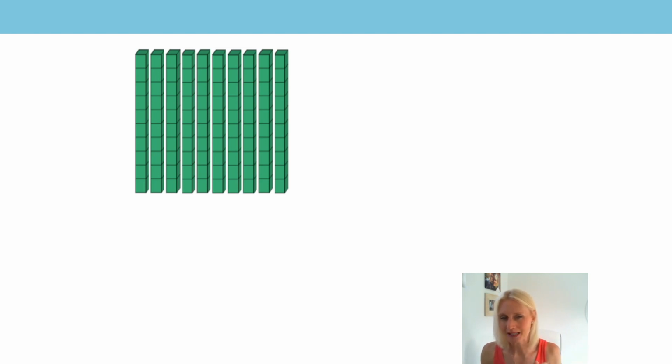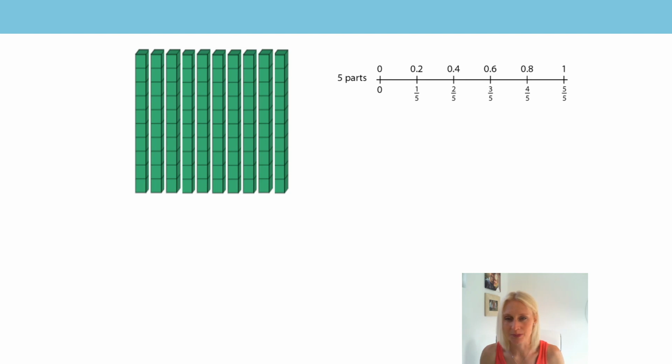Jot down on your piece of paper what that is going to look like as a fraction, and also what it looks like as a decimal. And your challenge here is to write 2 fractions for me. So pause me now and jot those down. Okay, hopefully you've come back and you've got something on your piece of paper, and I hope by looking at this number line, it will help you out a bit.